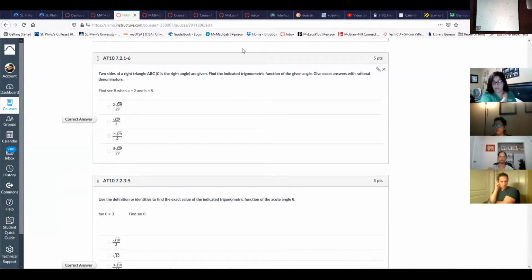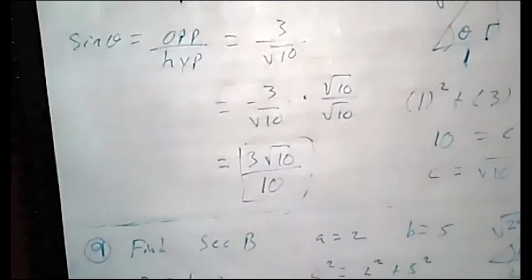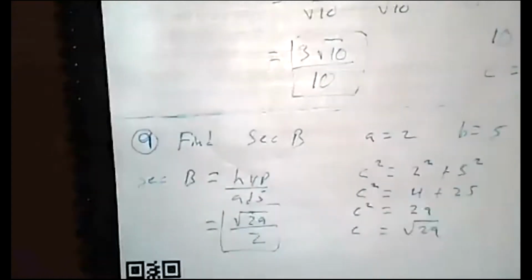I can't see your paper at all. Is it getting too bright? Give me a second. It's like right on the glare. That's why. Okay.